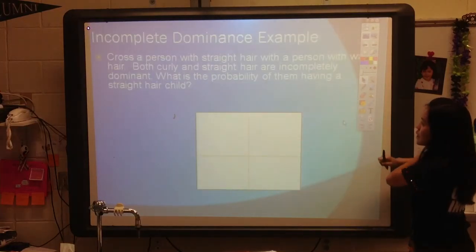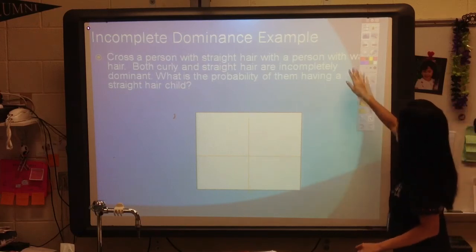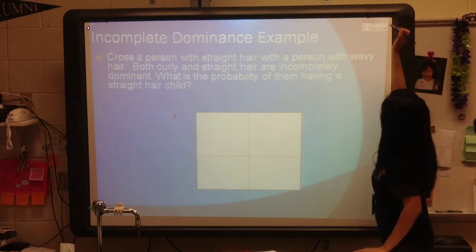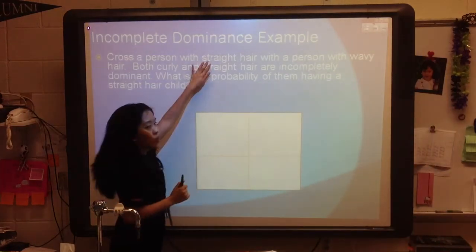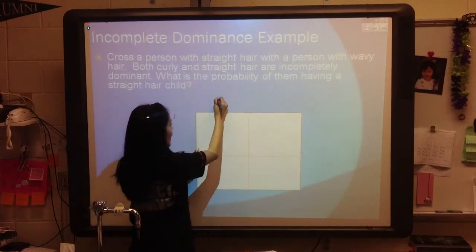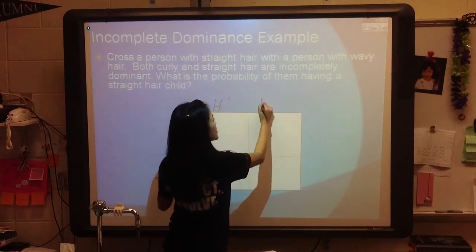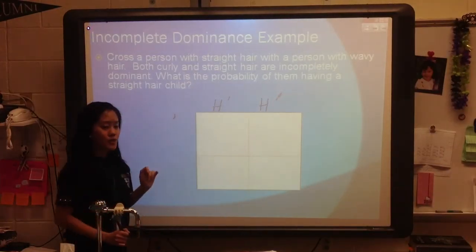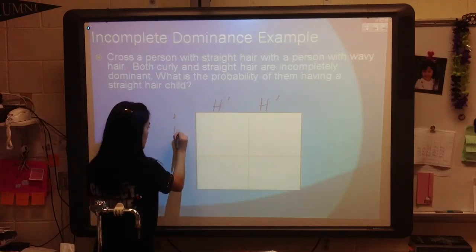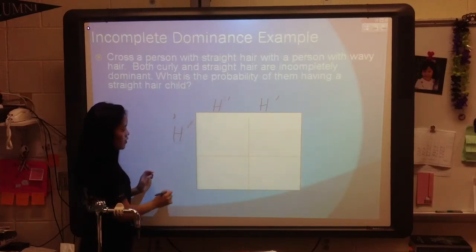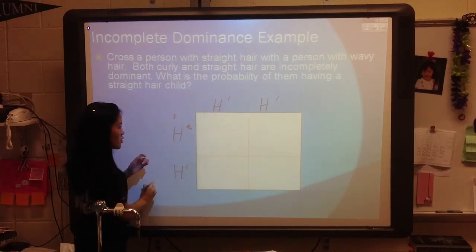But let's look at an example. It says cross a person with straight hair with a person with wavy hair. So if you have straight hair, what should you have? Well, straight hair was H prime. What was my second allele? Also H prime. Now if I have a person with wavy hair, then what was that? Well, that was curly hair, just a regular H, and H prime for the straight hair.